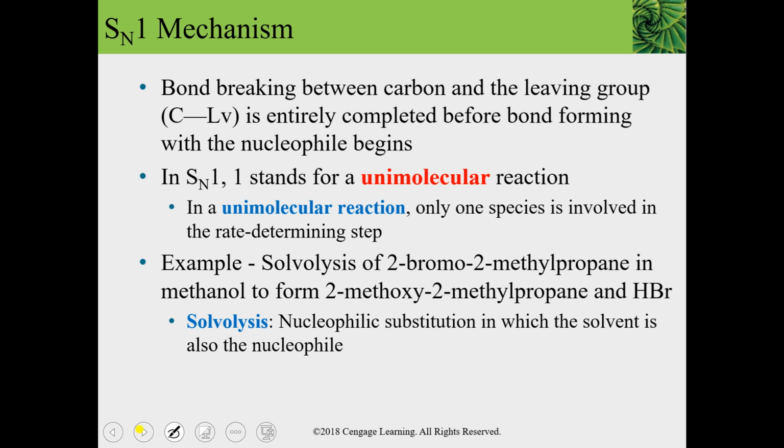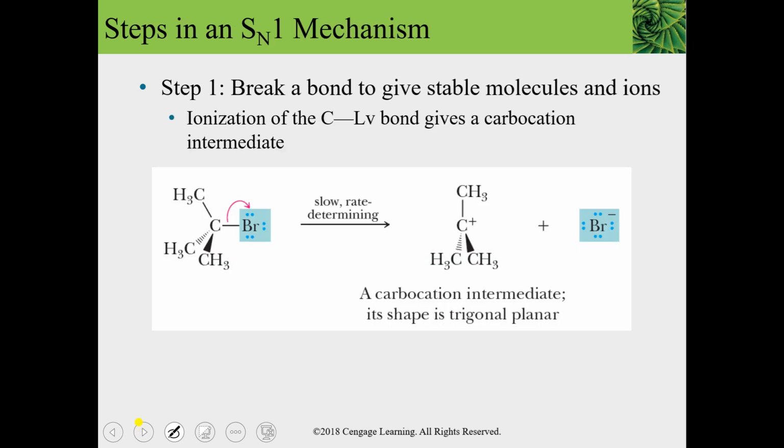And in the SN1 reaction, the difference is that bond breaking between the carbon and the leaving group must happen first. Only after that bond is completely broken will the nucleophile come in and attach. So for example, here our leaving group is a bromine.